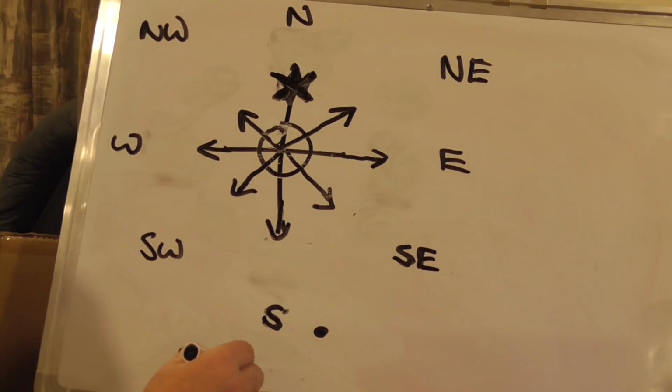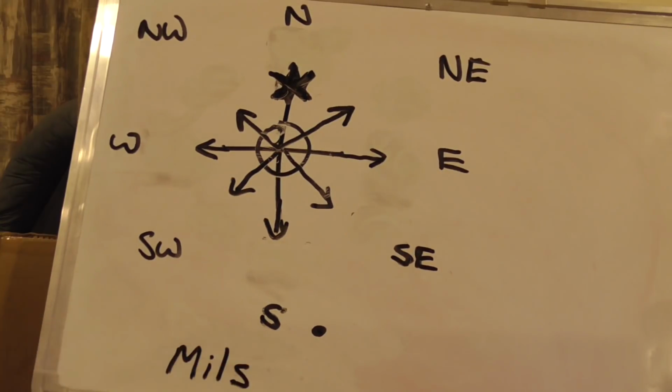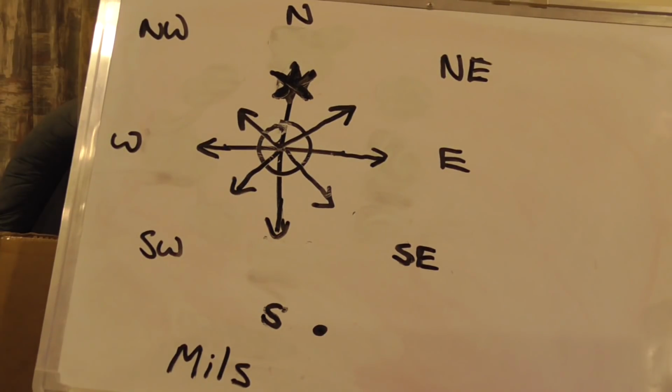Okay, mils. And mils is just another method of numbering system that we use for a compass.